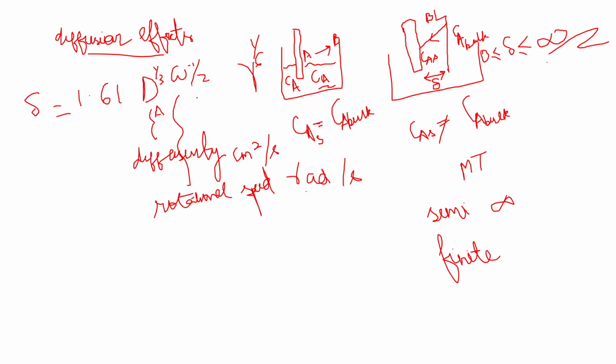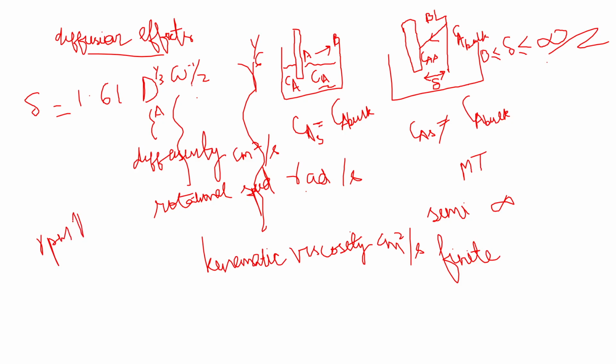And this is the kinematic viscosity, in centimeter square per second. So as RPM increases, you'll see that the boundary layer thickness is reducing, so the mass transfer effect will be lower.